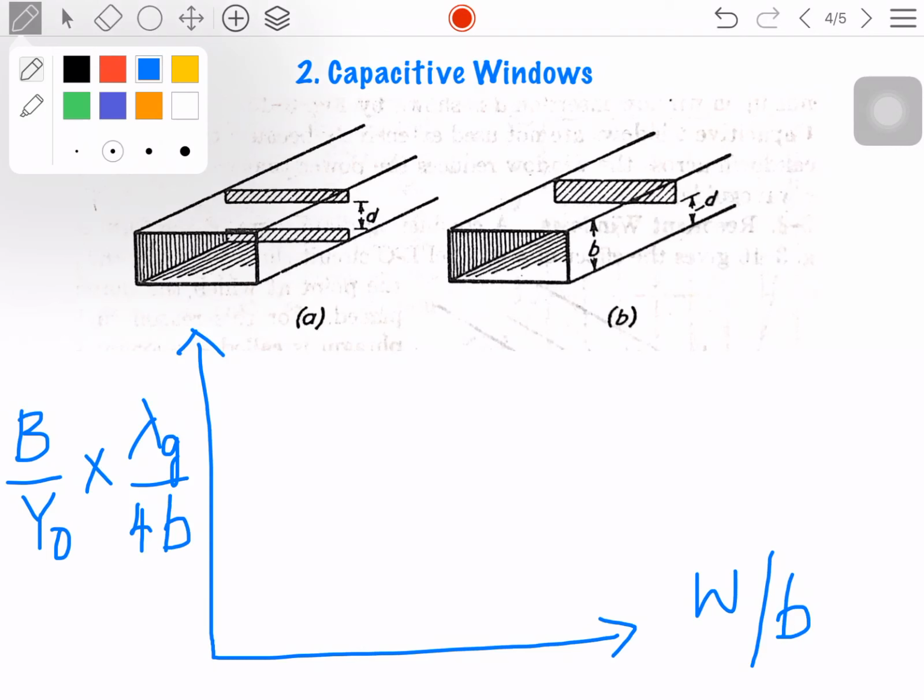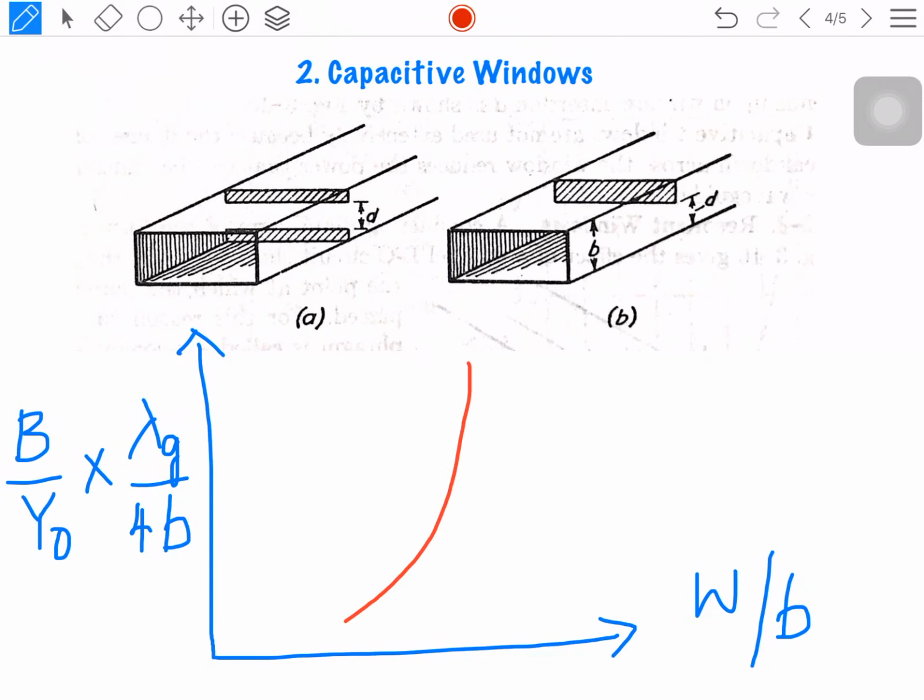Here it is also a parabolic increase, and this is for a symmetrical type of capacitive window.